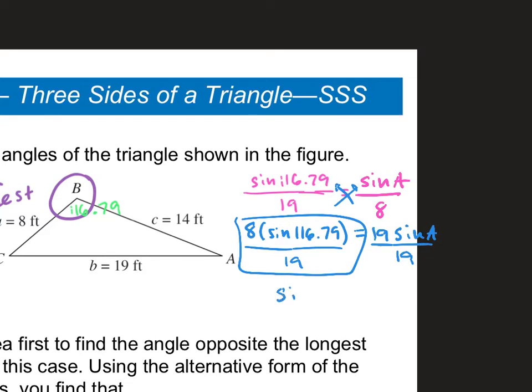So I got sine of A is equal to 0.3758. Is that my answer? How do I find angle A? Take the inverse again. So we have sine negative 1 of 0.3758.